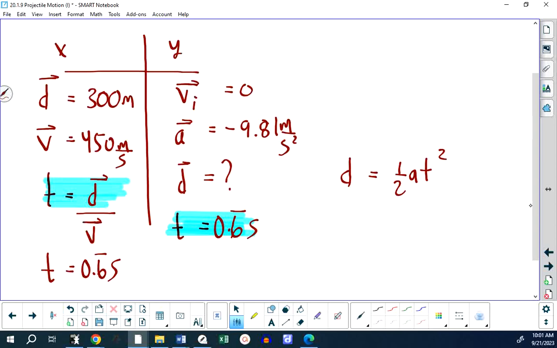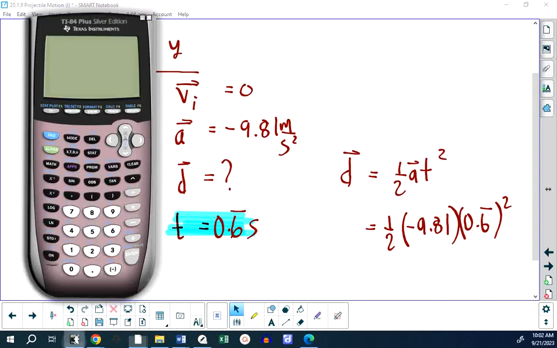Keep in mind, if you don't put the negative for acceleration, you will get a positive answer, but it's a displacement downward. It falls that distance. I think here's where we might want to really stick to the vector idea. 0.5 times negative 9.81 multiplied by 0.6 repeating.